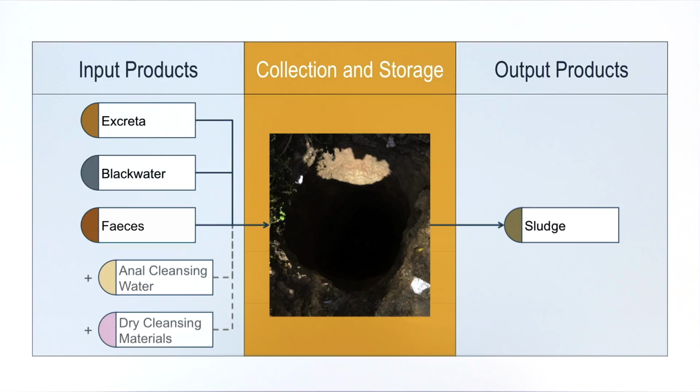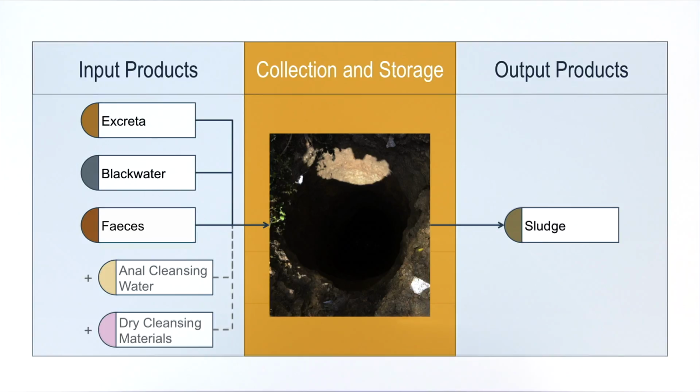Remember that those are the output products of the different user interface options. Obviously, several user interface technologies are compatible with this technology here, because several different input products are possible here. On the output side, we have fecal sludge, which needs to be transported for further treatment.